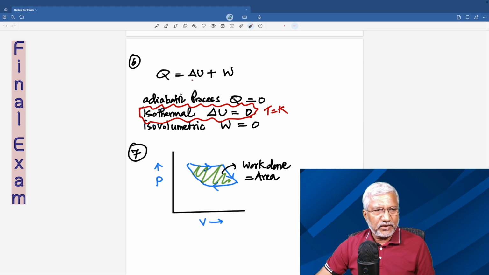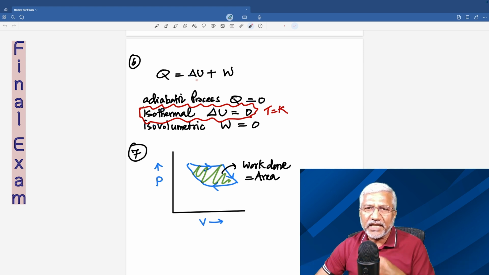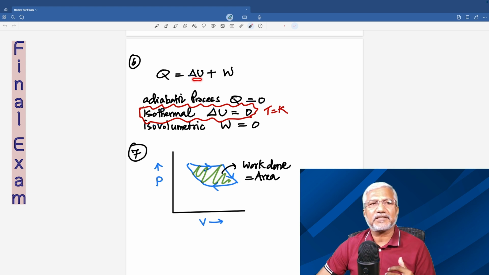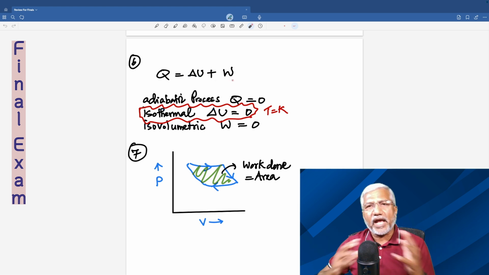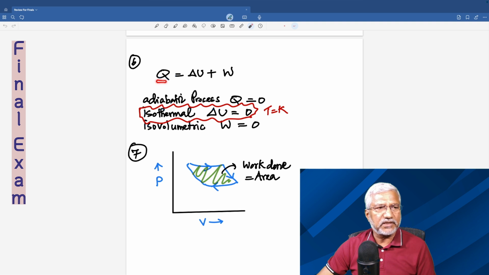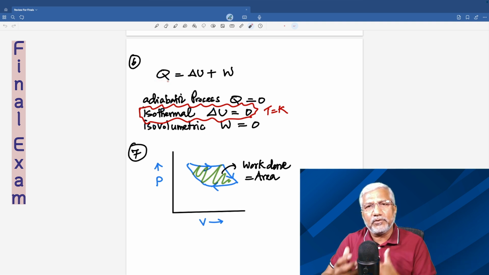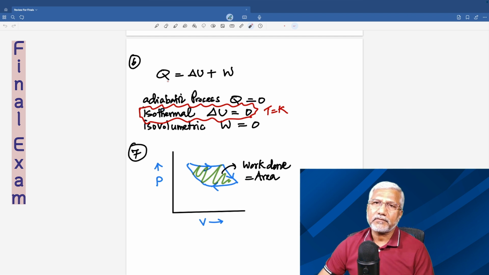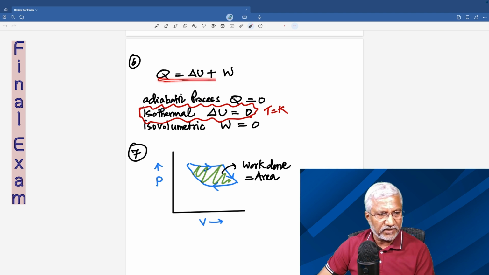So it uses a part of the incoming heat to increase its internal energy, and uses the remaining part to do work for expansion. If you add up both of those, you get the quantity of heat coming in. Isn't that simple? So if 100 joules of heat is coming in and 70 joules is used to increase the internal energy, 30 joules is used to do work, because 70 plus 30 is 100. So you have to know what these terms stand for.